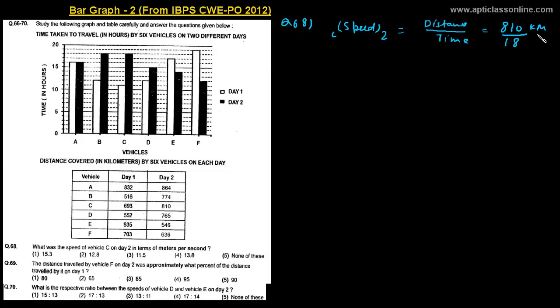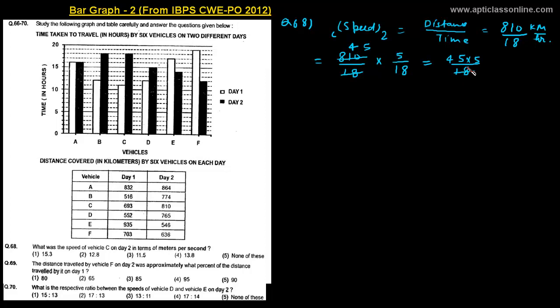Okay, so that is kilometer per hour, but we have to convert it into meter per second. So 810 divided by 18. To convert it into meter per second, we have to multiply it by 5 by 18. Like 18 4s are 72, then 90, so it is 45 into 5 by 18.